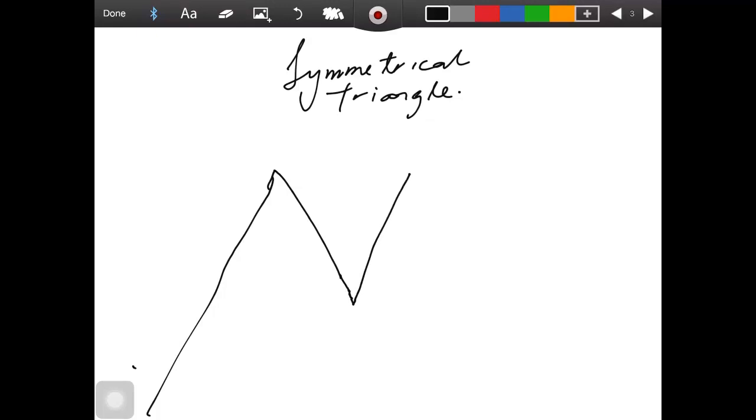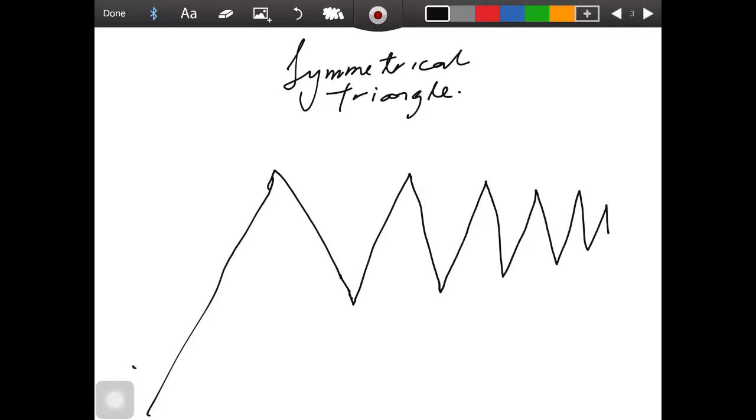It keeps doing higher lows and lower highs, higher lows and lower highs. You can see it's rising there, it's falling there. That is what you call a symmetrical triangle. It is almost similar to a falling wedge.